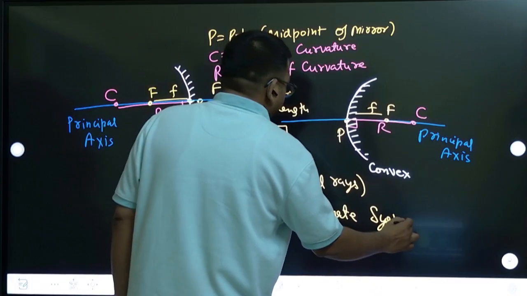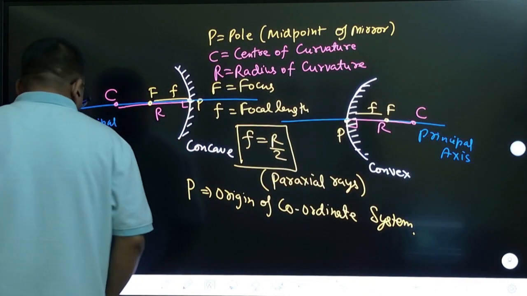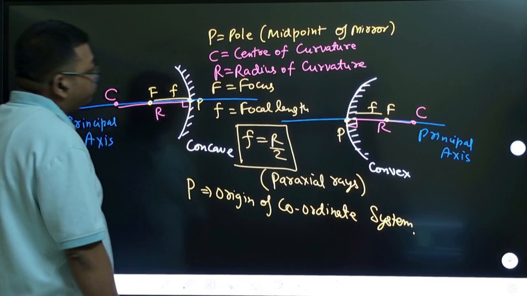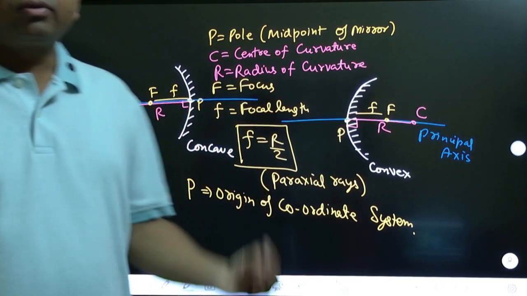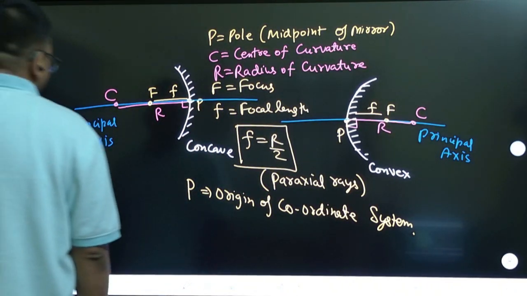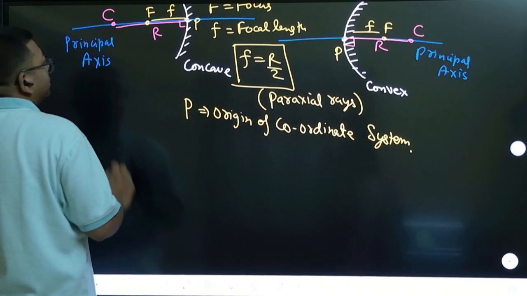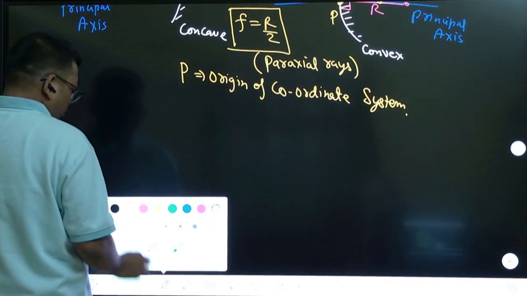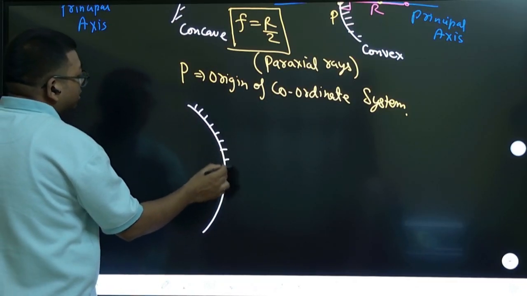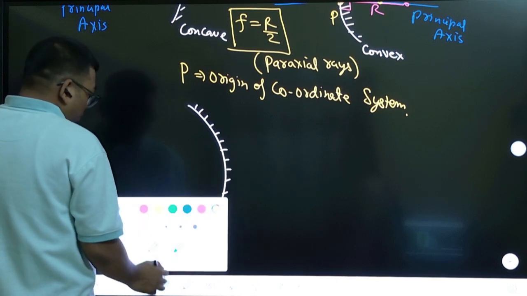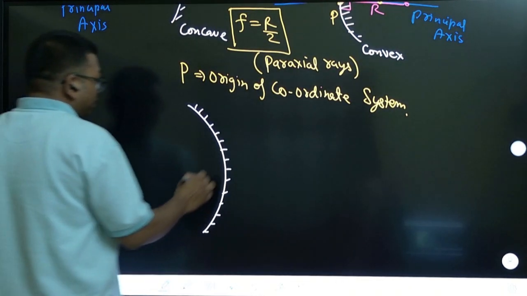So using this origin, now let us try to do calculations. The first calculation is the mirror formula and magnification formula. Very important thing that we'll try to do. Suppose we start with a concave mirror. The sign convention is the standard sign convention.